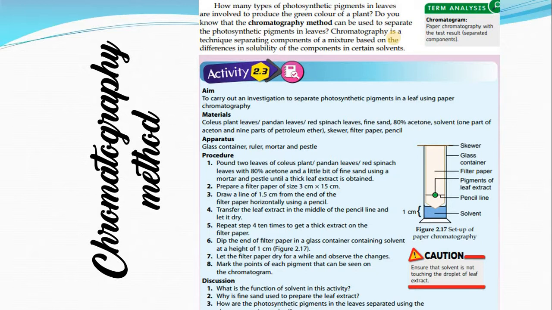There is a table of plant pigments involved in photosynthesis, such as chlorophyll A, chlorophyll B, carotenoid, xanthophyll, pheophytin. Don't worry, you don't have to memorize all this. You just have to know they are photosynthetic pigments that are involved in photosynthesis.